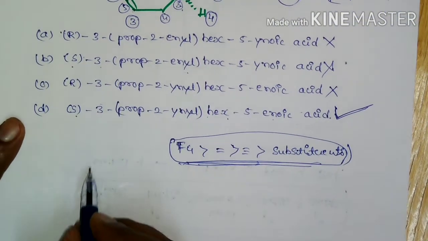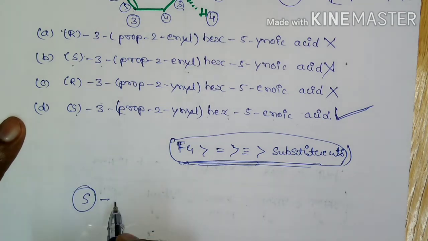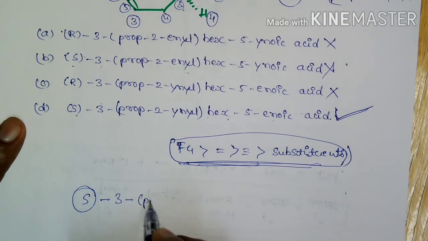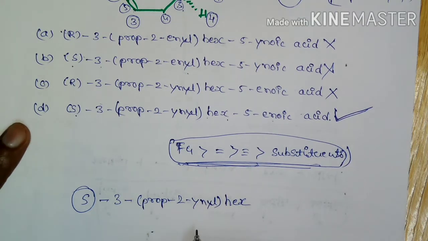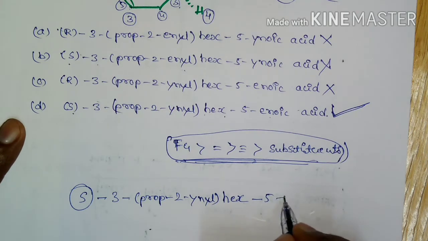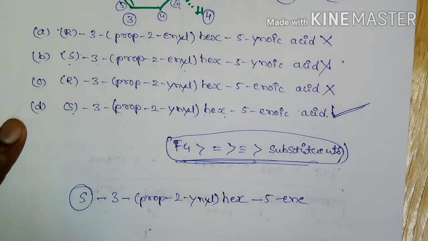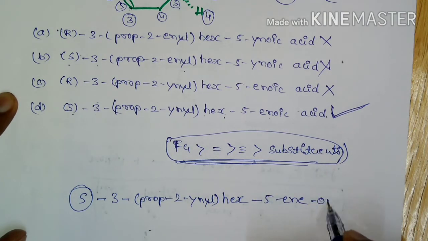Here the configuration is S configuration. The substituent is present at the third carbon atom, and the name of the substituent is prop-2-enyl. The root word of the longest chain is hex, for 6 carbon atoms, and at the fifth position we have a double bond, and the secondary suffix for the functional group is oic acid.